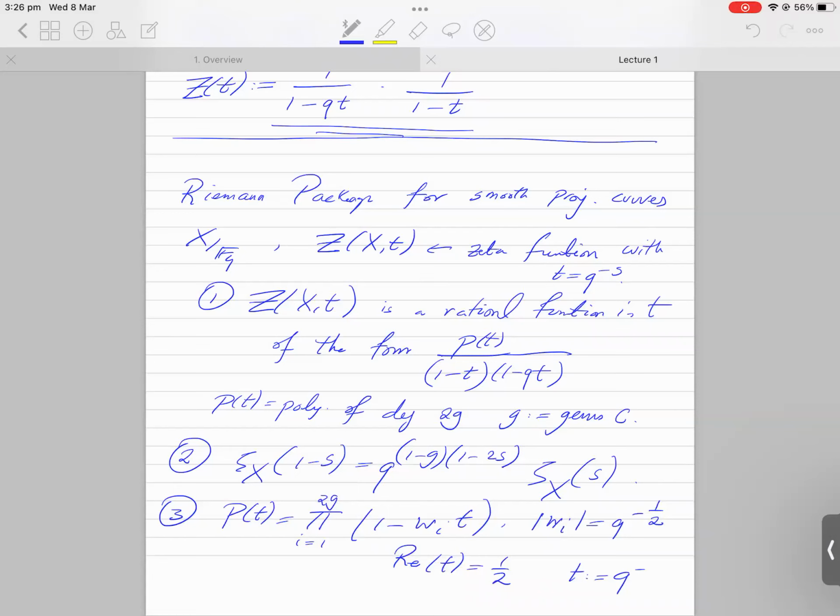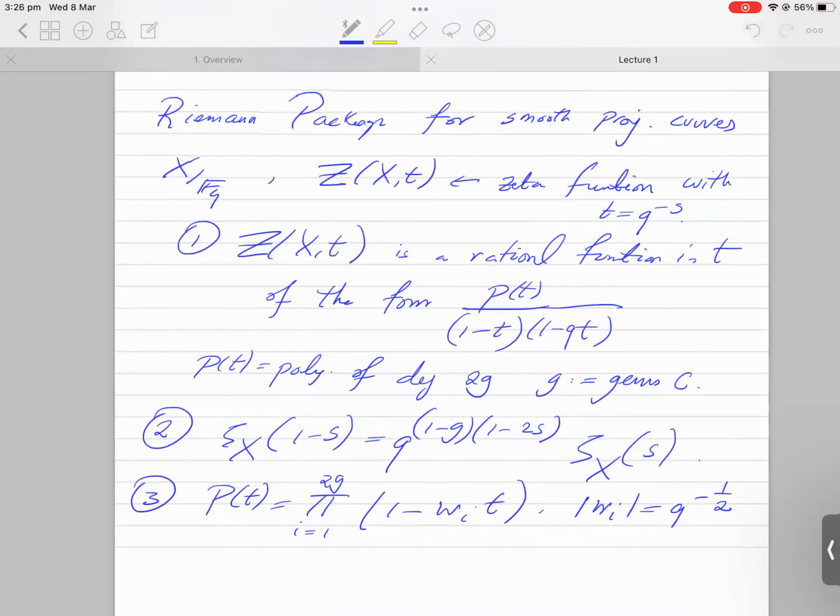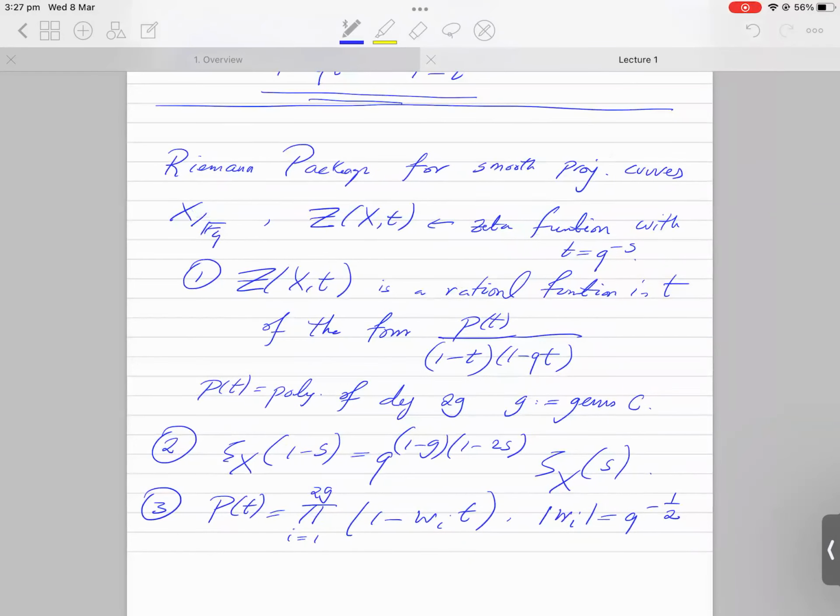Remember that t is q to the minus, wait. Yeah, maybe I won't say that. Let's leave it like that. So once you take the log, so minus the log is 1/2. Did I get that right?